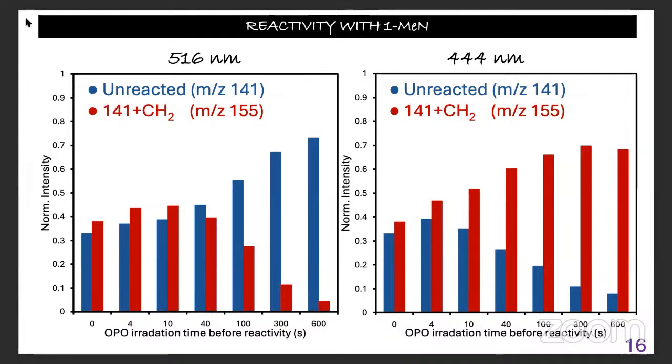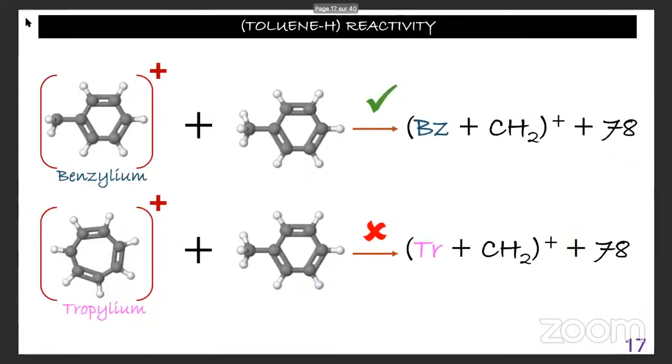It's beautiful because we have a completely different story for both wavelengths. For the longest wavelength, the remaining population after 300 seconds of irradiation doesn't react. For the shortest wavelength, the population reacts. Now, consider what is well known for the toluene -H cation reacting with toluene: the benzylium isomer reacts by adding a CH2 group, whereas tropylium doesn't.